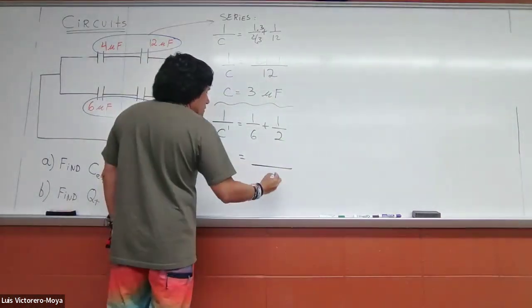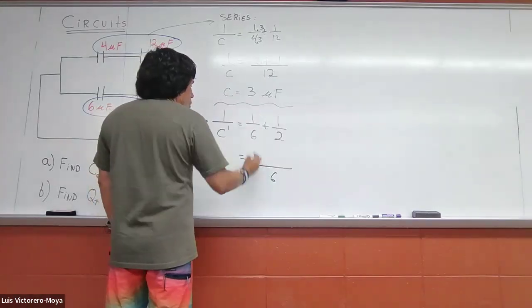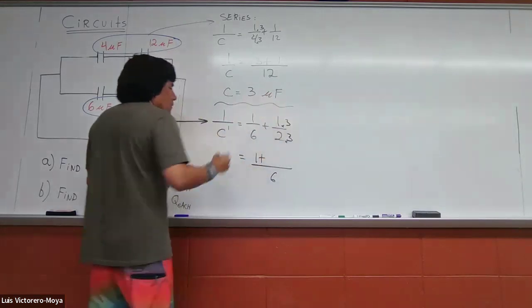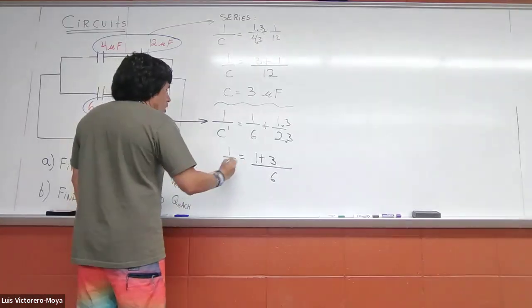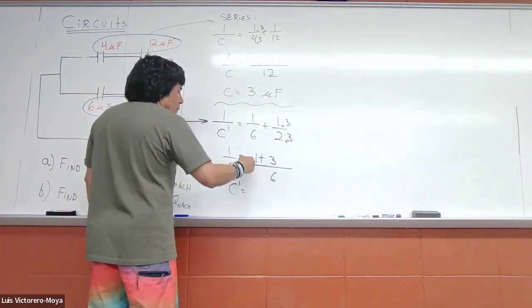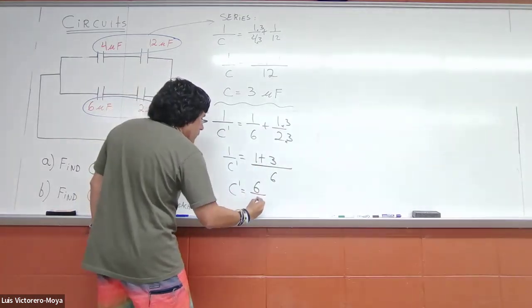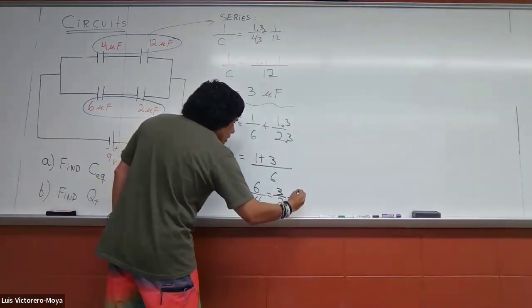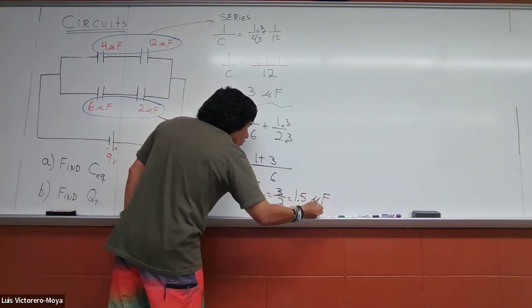The common denominator is 6. 1 plus 3 here, so this is 4 over 6. 1 over C prime. So if I flip it, 6 divided by 4, which is 3 halves, which you can say 1.5 microfarads.